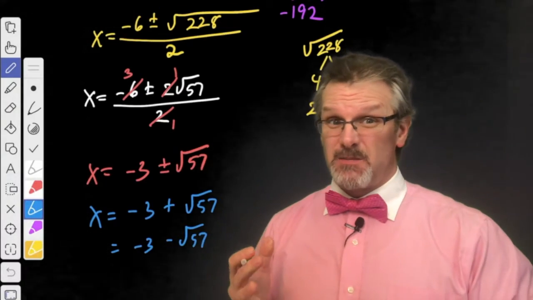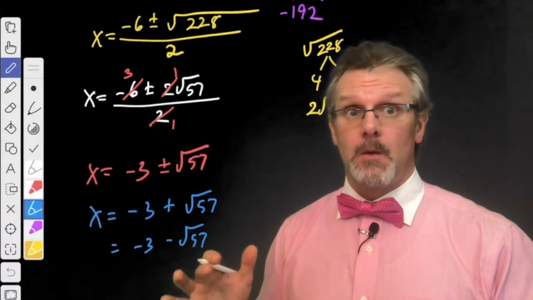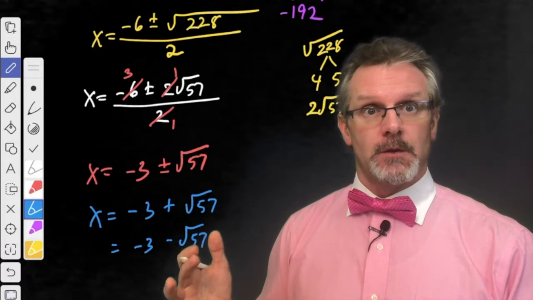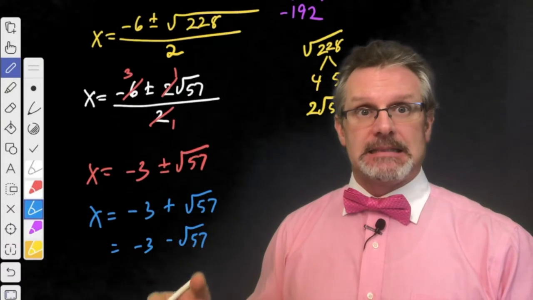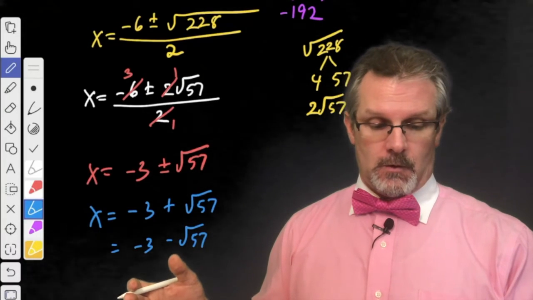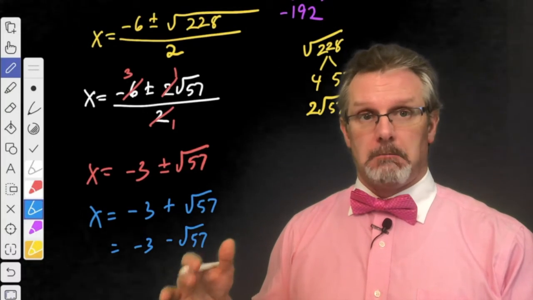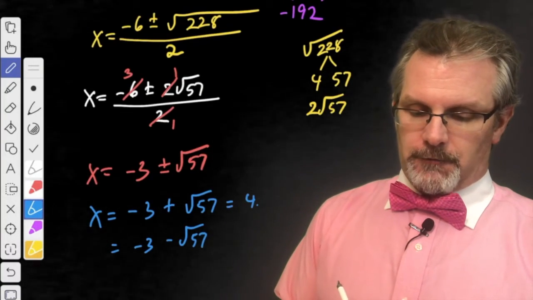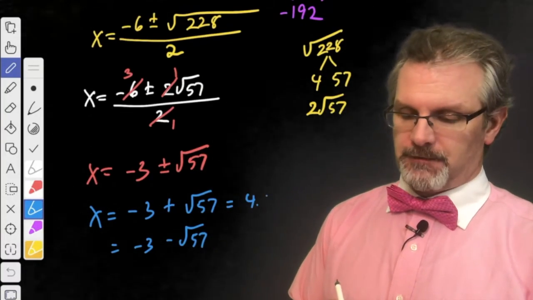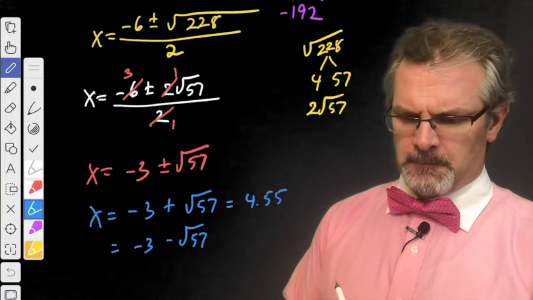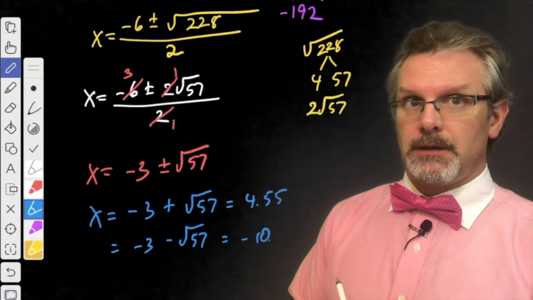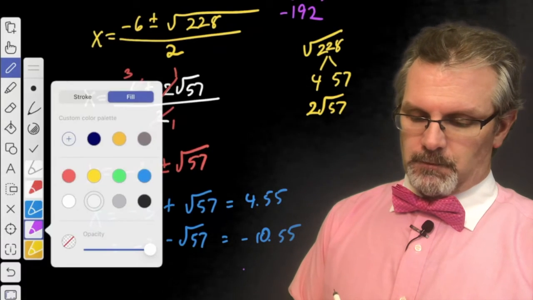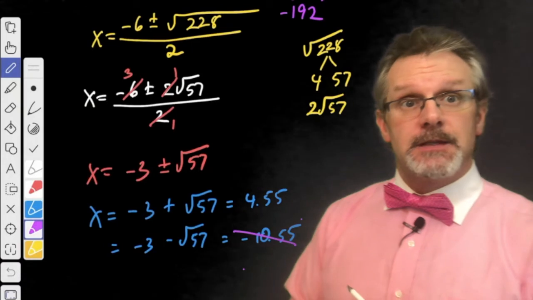The square root of 57 is going to be almost 8, 7 point something. So negative 3 minus 7, they're going to be like negative 10. So this is going to be about 5.5, it was 5.49, and this is going to be negative 10 point something. Well, you can't have a negative distance.